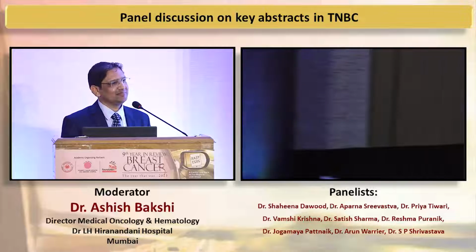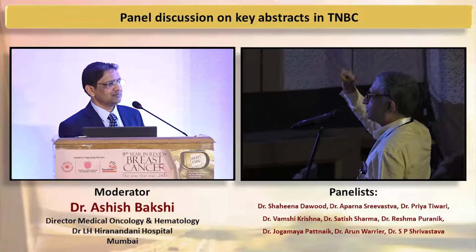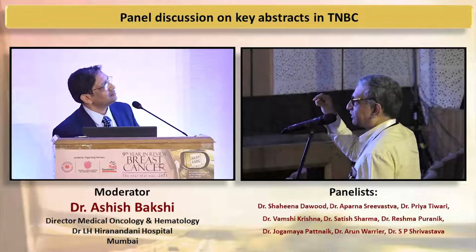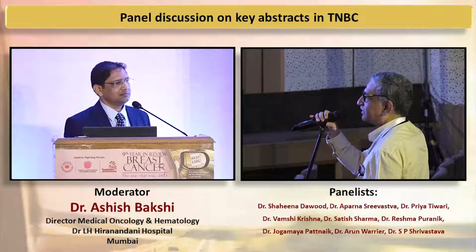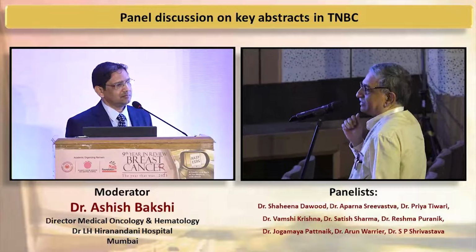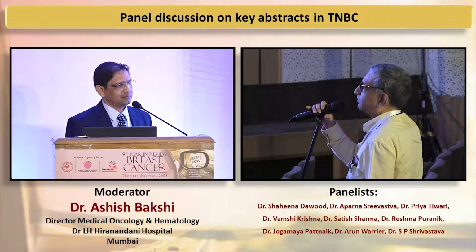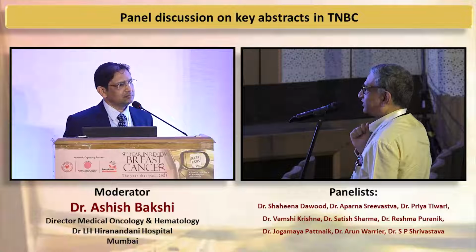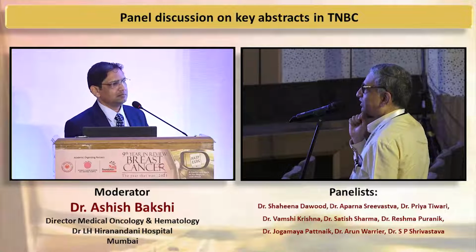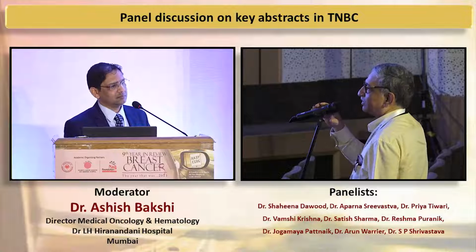So can I just ask one question to Shahina, because you showed the results of Keynote 522 and whether pembrolizumab was required after attainment of PCR. I personally think, and I may be wrong and I may not have the entire data to back me up, that the baseline risk prior to starting neoadjuvant chemotherapy should also be taken into account while deciding whether to go on with immunotherapy beyond PCR or not.